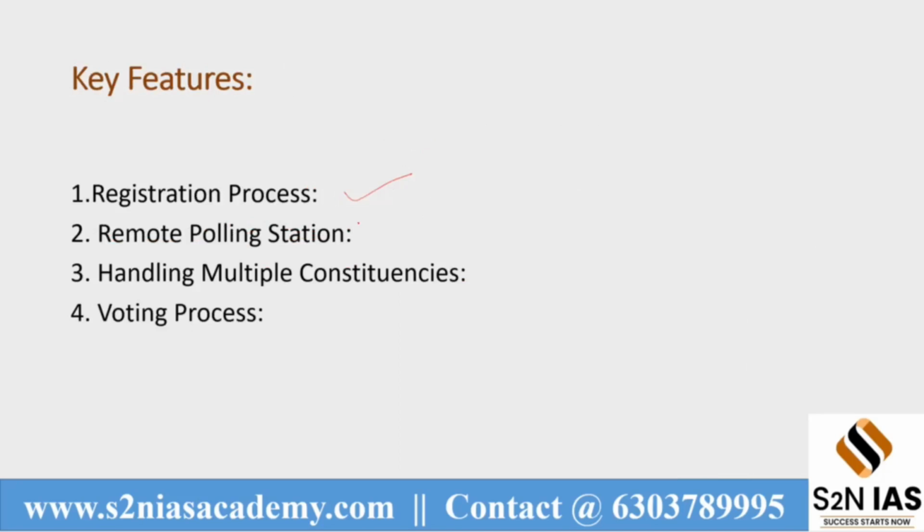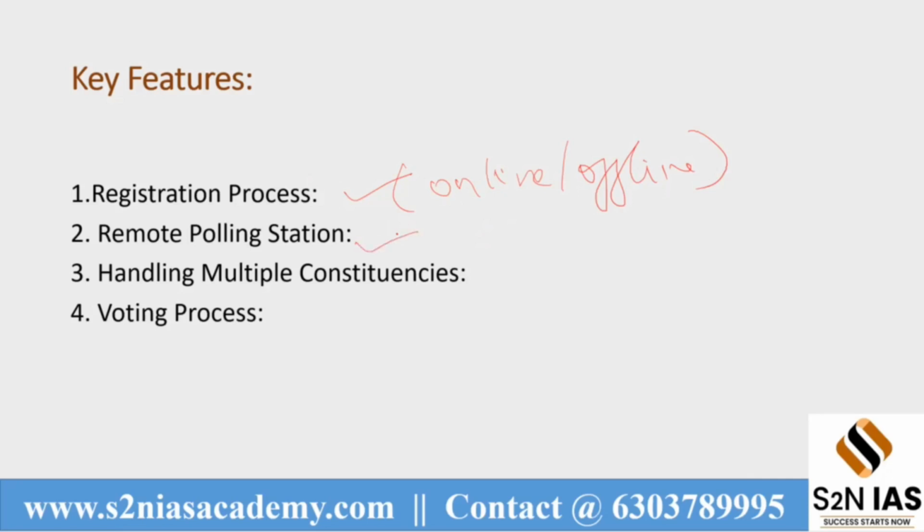Voters interested in using the remote voting facility must register, online or offline, within a pre-notified time frame with the returning officer of their home constituency. Registration is a must for the REVM process, either online or offline, but it should be at the home constituency only.